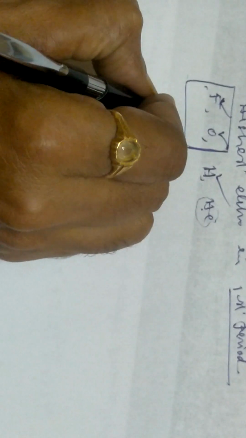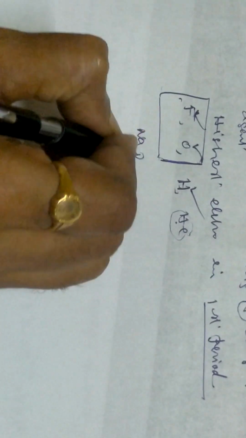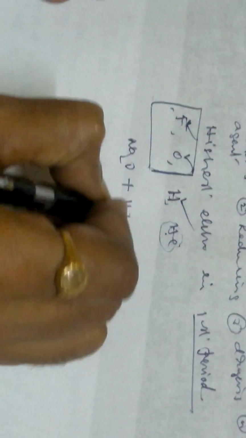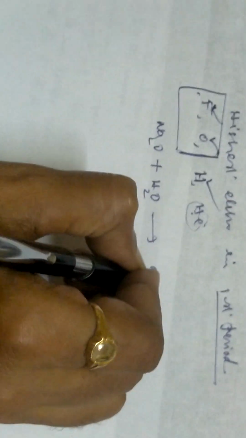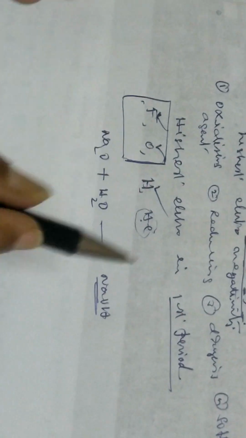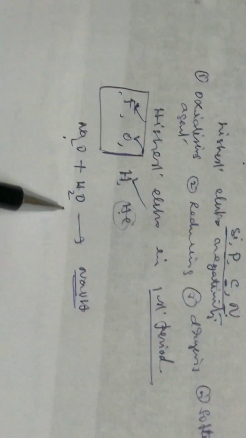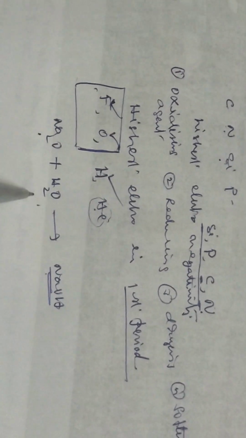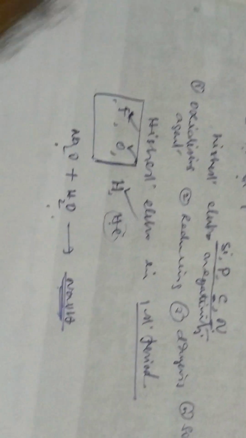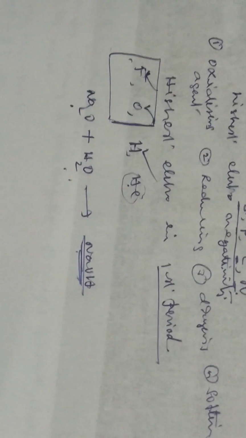Metal oxides, like Na2O, on addition of water give hydroxides. Metal oxides on reacting with or dissolving in water give hydroxides. Metal oxides form in the S block and D block and so on.